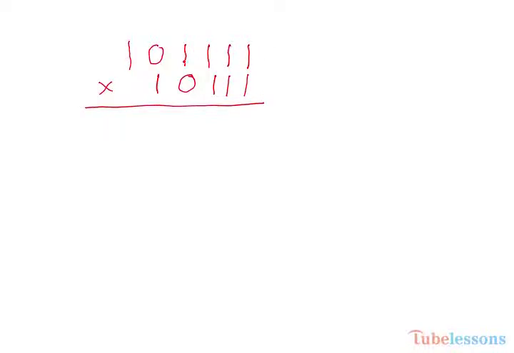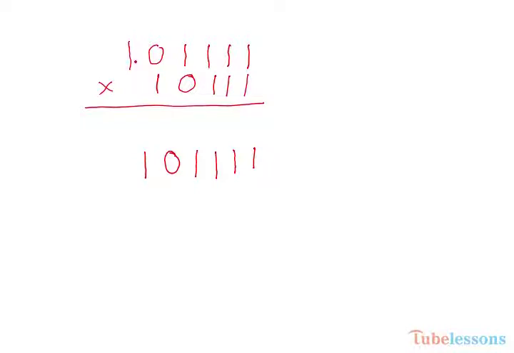Now multiply all the digits of the top row by the first place digit of the bottom row. 1 times 1 equals 1, again 1 times 1 equals 1, 1 times 1 equals 1, 1 times 1 equals 1, 1 times 0 equals 0, 1 times 1 equals 1.